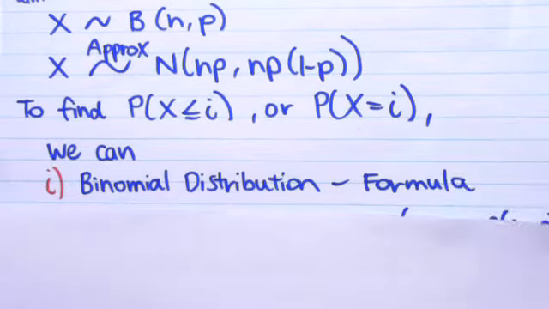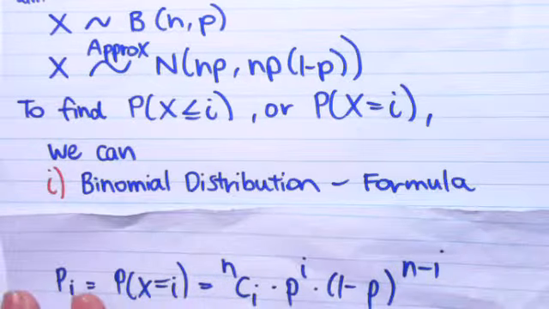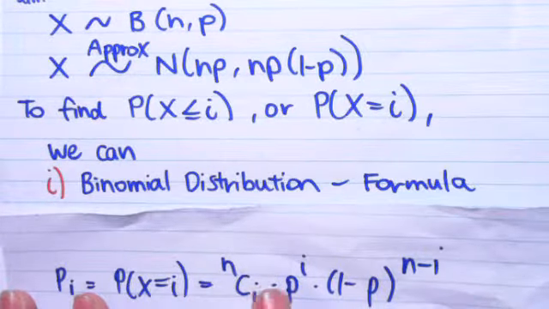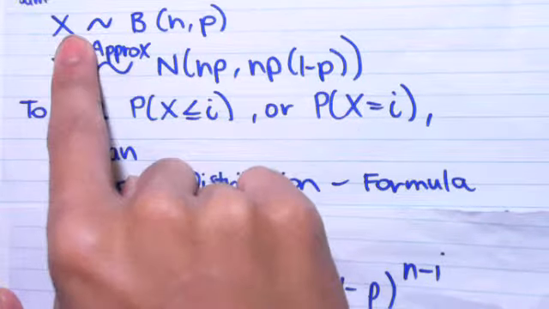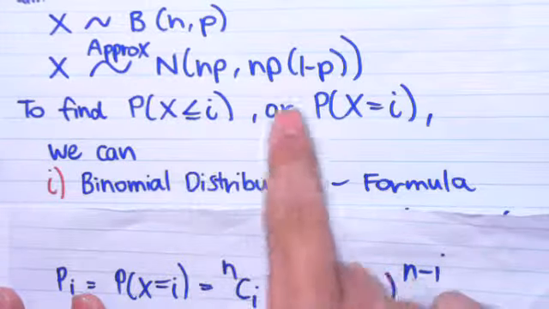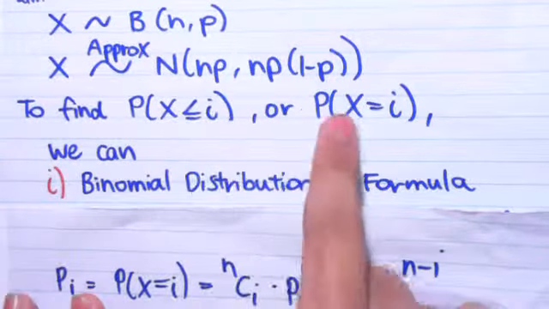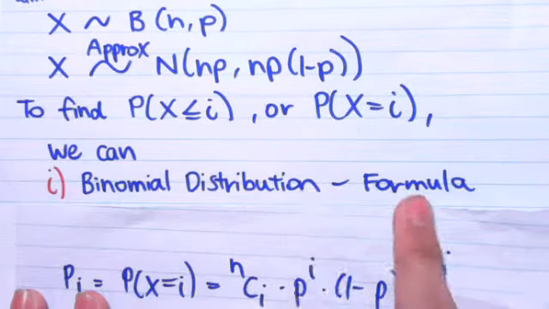What I mean by that is this formula here, which was introduced in the last few videos. We know that x, the number of successes, belongs to a binomial distribution n, p, and so therefore we could find these two probability values by using this formula here. So this is what I mean by the binomial distribution formula.